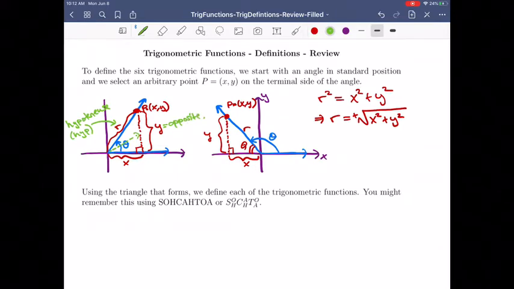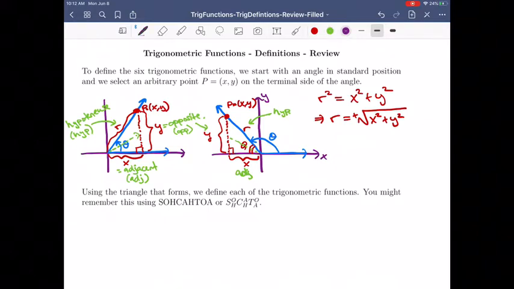And the side that's next to the angle, that's not the hypotenuse, is the adjacent side. So I'm going to use ADJ or OPP. Similarly, this y is the opposite because it's across from the reference angle. The r is the hypotenuse, and the x here is still the adjacent side.